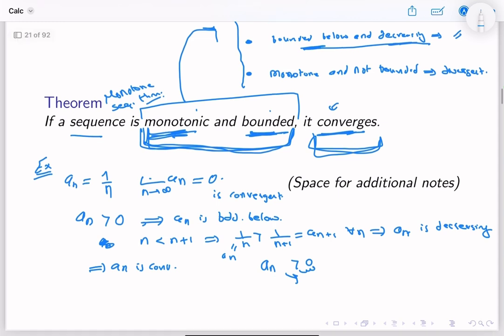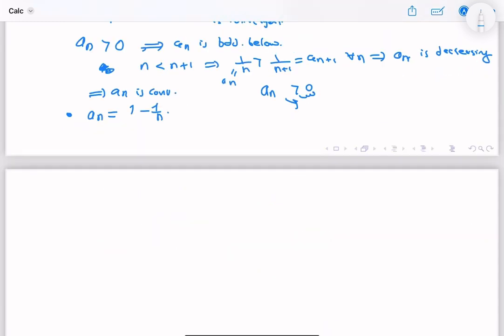So let's take another example, and the question is: is this sequence convergent or not? Now you can compute the limit just as we did in the last videos. You can compute the limit of this, because the limit respects the arithmetic operations. This will be the limit of 1, which is 1, minus the limit of 1 over n, which is 0.